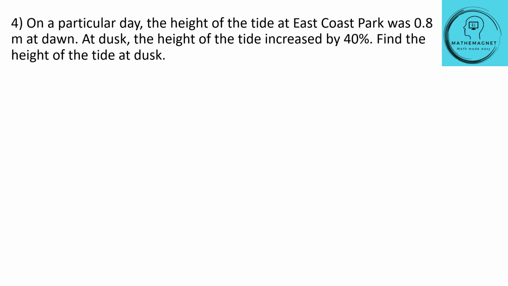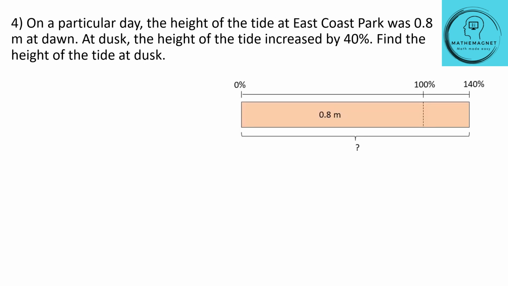Now let's begin by drawing the bar model. We know 100%, that is at dawn, is 0.8 meters, and there was a 40% increase, so from 100% it becomes 140%. Now they want us to find the height of the tide when it was 140%.